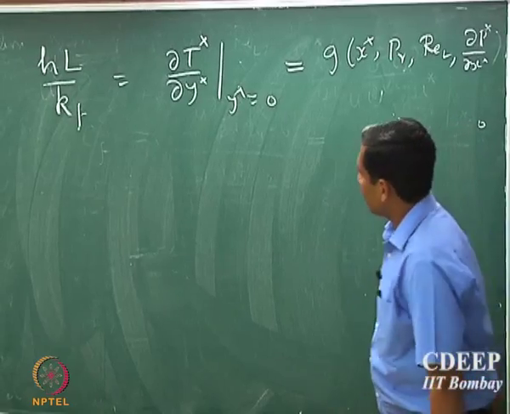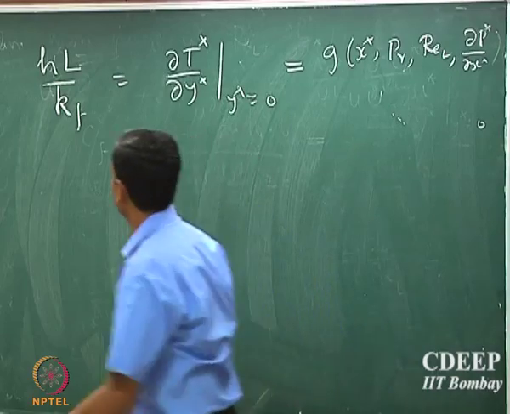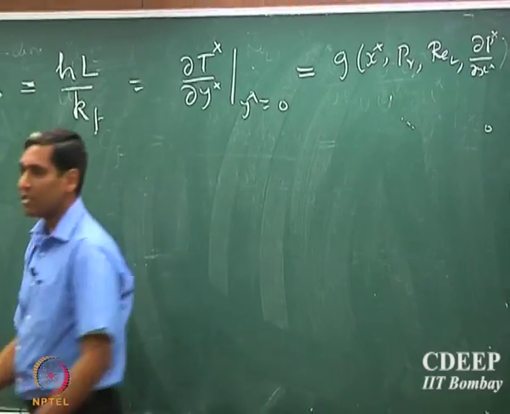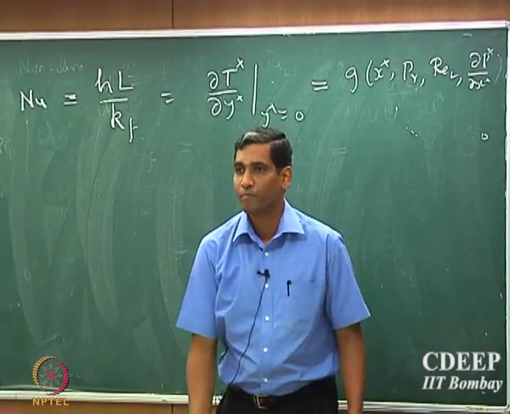Okay. What is this, hL by kf? It is the Nusselt number. This is what is called the Nusselt number. I am sure you must have seen this in your transport course last semester. What does it signify?